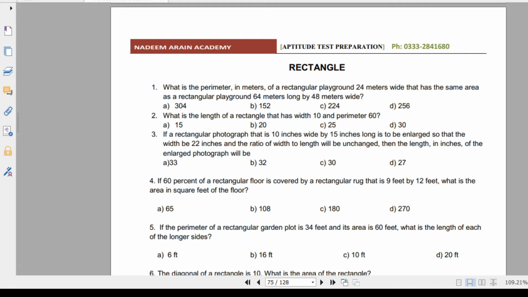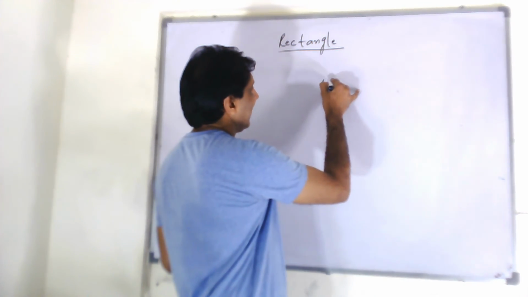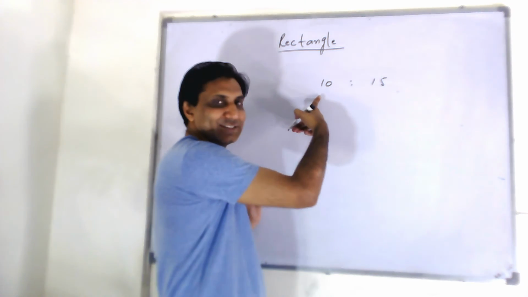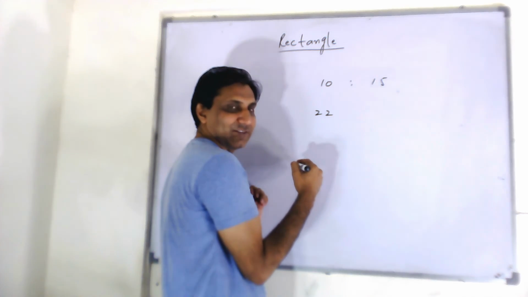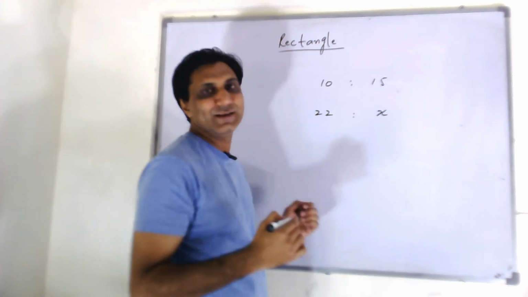So the original is 10 and 15, and the width is 22. The smaller side is usually taken as the width.